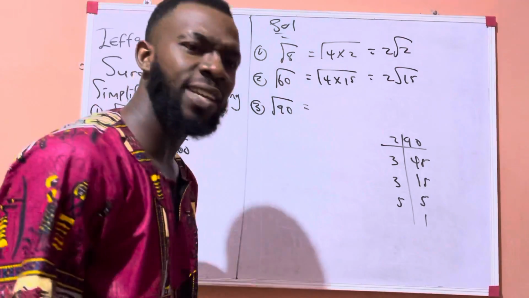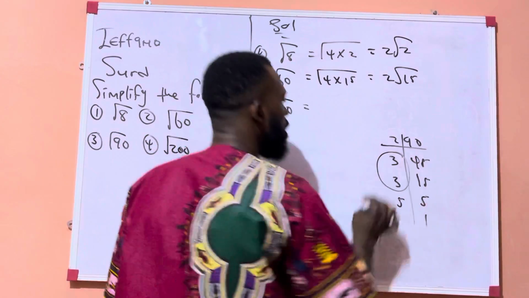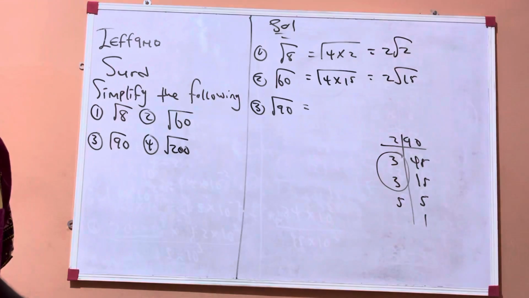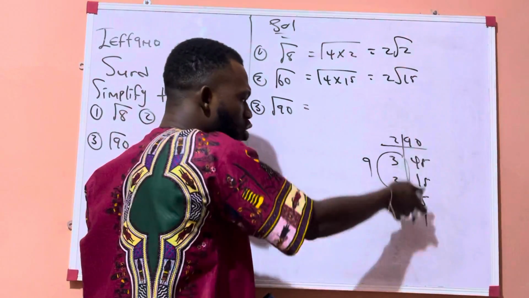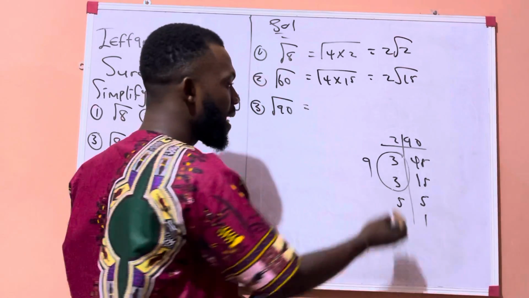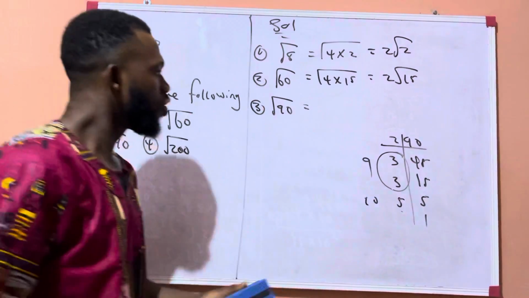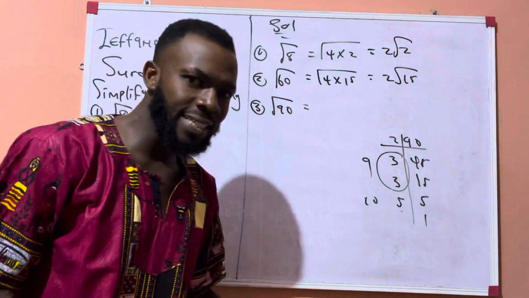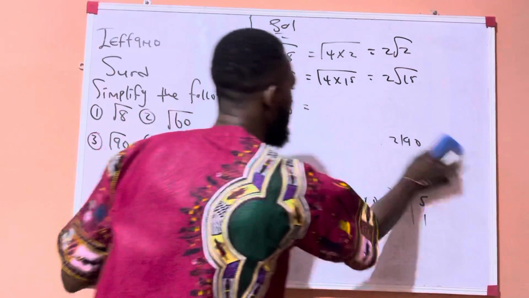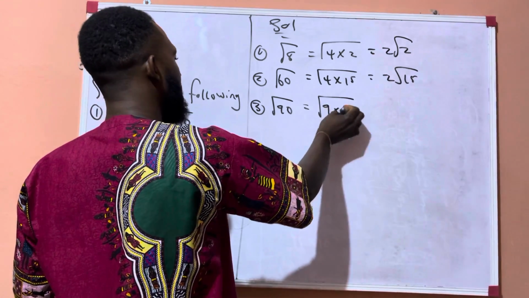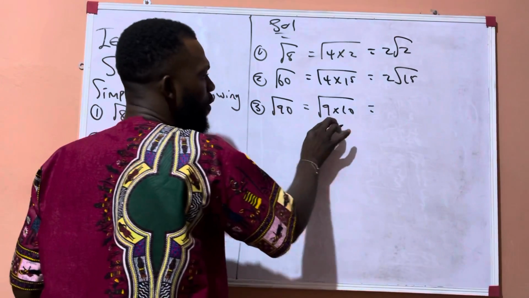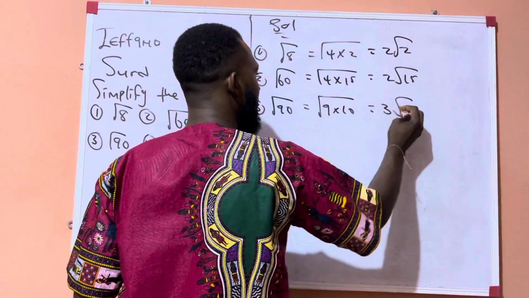The 2 numbers that are the same are 3 and 3. Multiply them: 3 times 3 gives us 9. And these 2 numbers that are different, also multiply them: 2 times 5 gives us 10. So the 2 numbers I'm using here are 9 times 10, the square root of 9 times 10. Now, the square root of 9 is 3, and what will be inside our root?